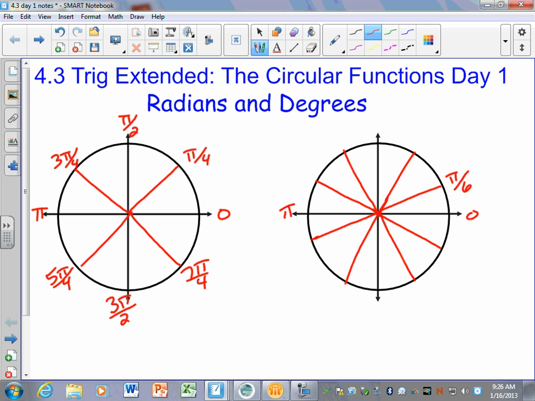If this is 1 pi sixth, how much is this? 2 pi sixths. And could we reduce that fraction? Yeah. 1/3. This is pi thirds. Those are our other two important angles, 30 degrees and 60 degrees. And we can just keep counting here in terms of 30 degrees. So 1 pi sixth, 2 pi sixths, what would this be? 3 pi sixths, which is still going to reduce to pi halves.